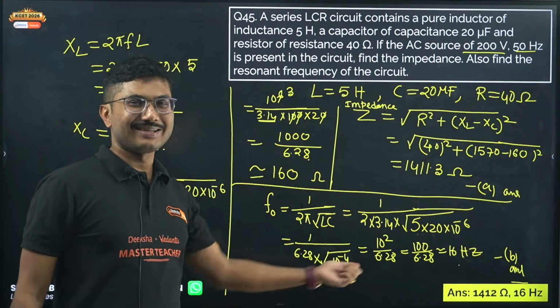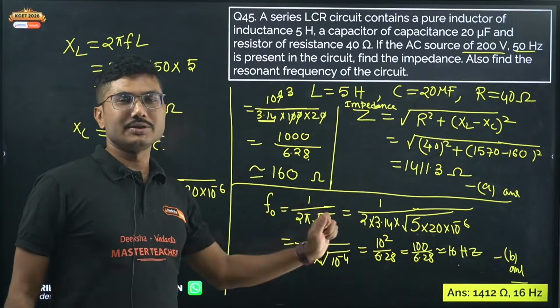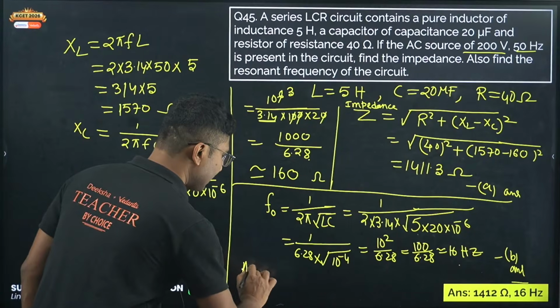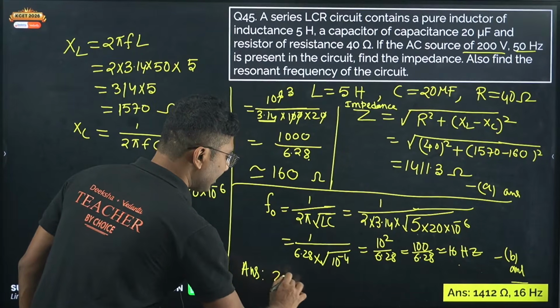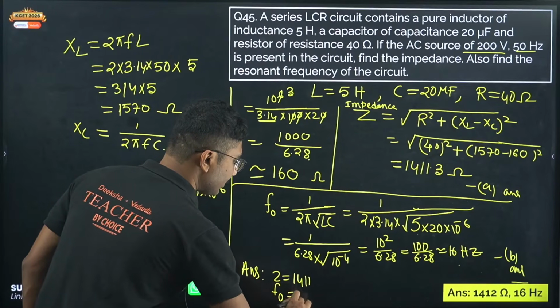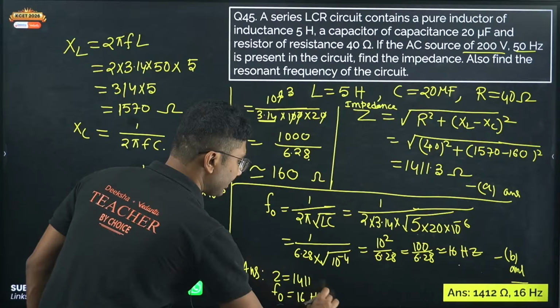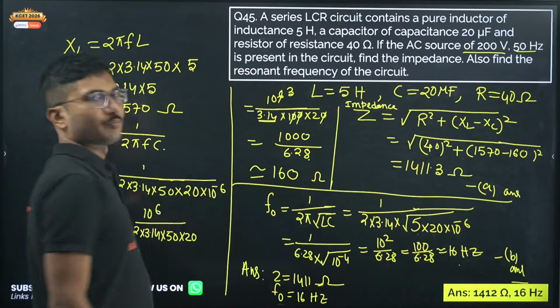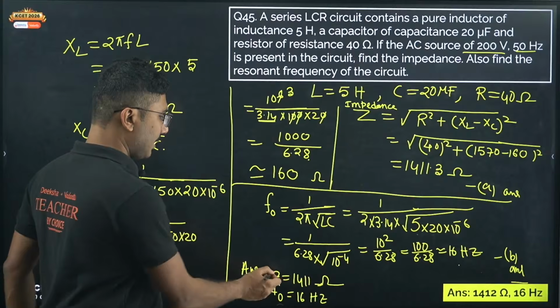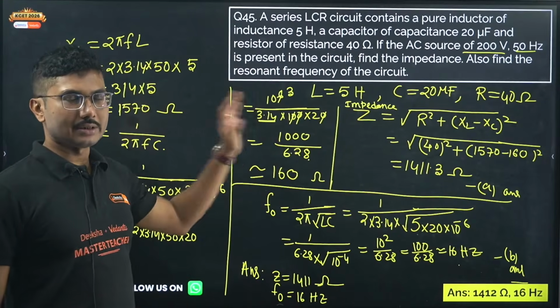At the end, write the answers in words, or at least write Z equals 1411 and F0 equals 16 hertz. That is also okay. But you do not need to declare the variables or the terms.